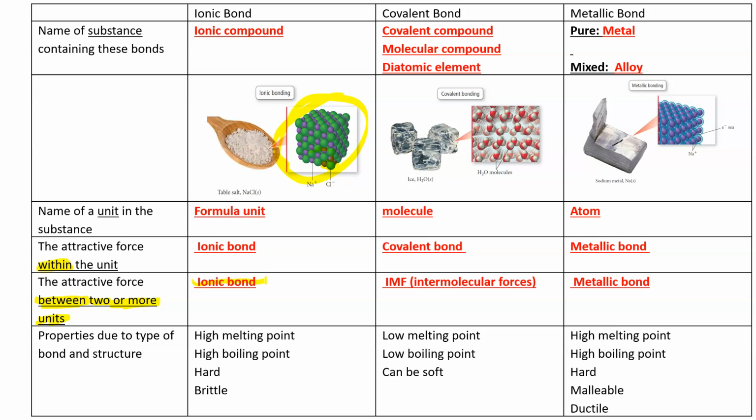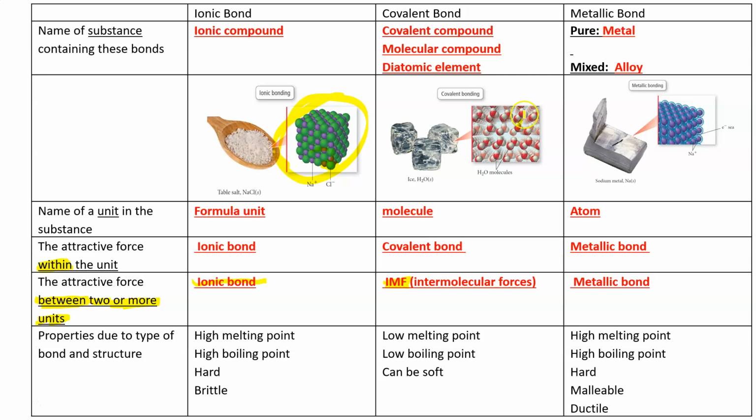The whole thing is. It's a little different when we're talking about a covalent compound because they're held together by intermolecular forces. These intermolecular forces are the attractions between the water molecules, and they're not as strong as the bond inside the water molecule.